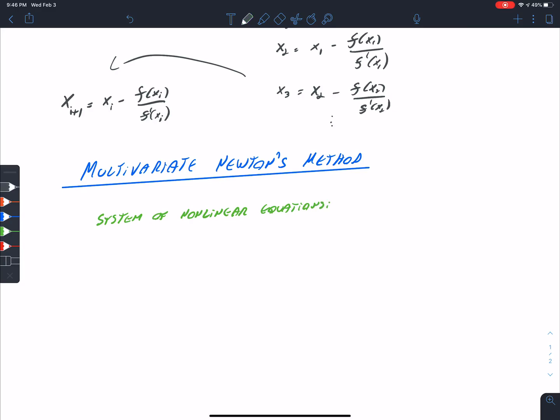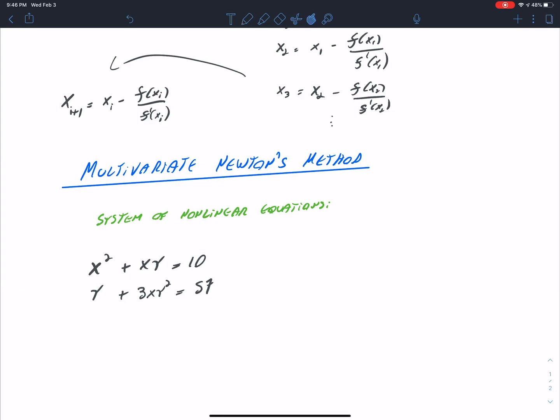So let's say x squared plus x times y equals 10. And let's say y plus 3xy squared equals 57. So we have here two equations, 1 and 2, and two unknowns, x and y.